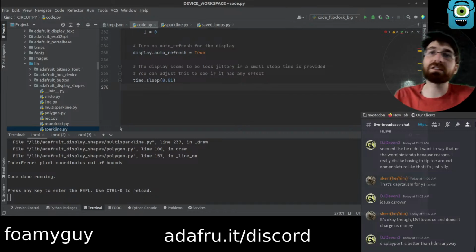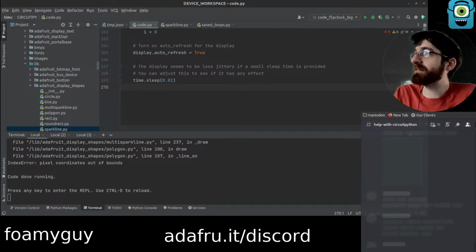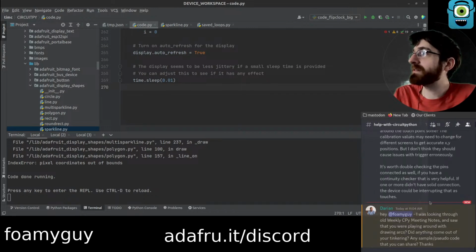There are some cases where I like HDMI over DisplayPort. DisplayPort, the little latching mechanism I think is nice, but there are times where you don't actually want that latching mechanism. That can lead to more trouble if people are yanking on wires.